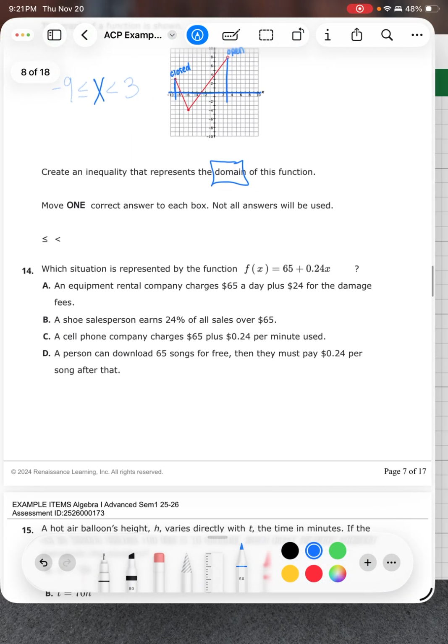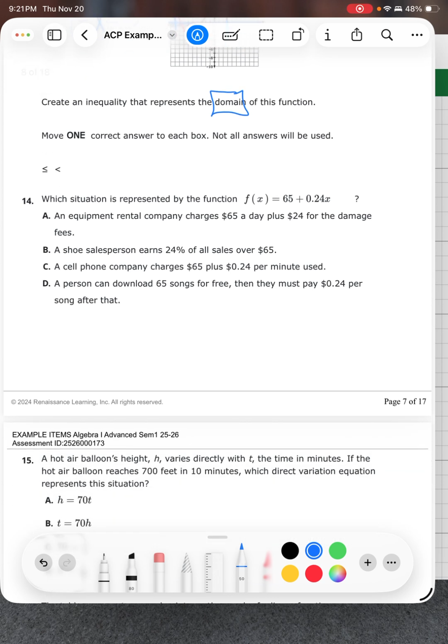Okay, keep going. 14 should have been relatively easy. I saw some confusion on that one. A lot of people knew it wasn't A, wasn't B, and you were stuck probably between C and D. So A is a correct answer, and again, here's this keyword plus, which matches my equation.